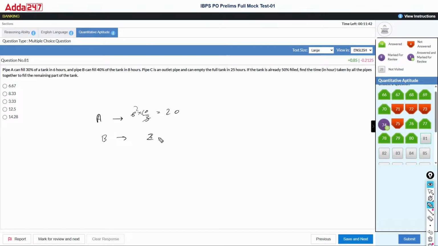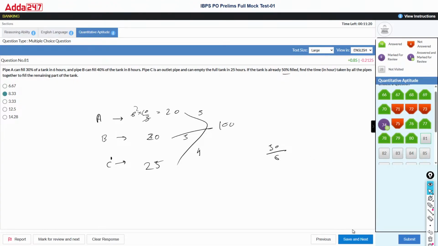B also takes 20 hours. C is an outlet pipe, empties in 25 hours. Tank is 50% filled. Remaining 50 to be needed. So it's 8 point something.